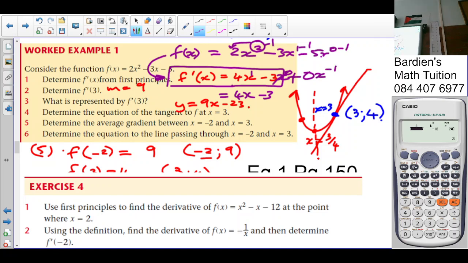Anything times 0 is 0. That falls away. And the note that we made earlier on was that the derivative of a constant will always be 0. Negative 5 was a constant, and it just falls away. Does it make sense? Let's carry on here.